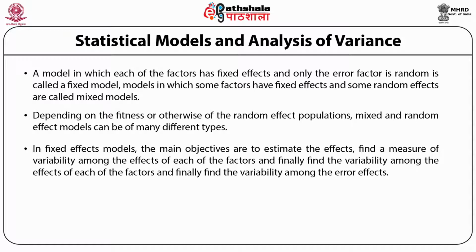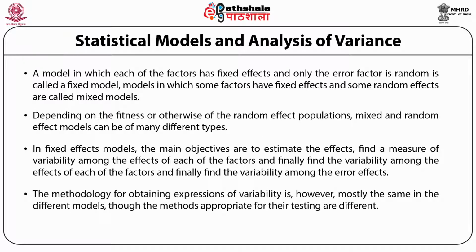In random effects models, the main emphasis is on estimating the variability among the effects of the different factors. The methodology for obtaining expressions of variability is, however, mostly the same in the different models, though the methods appropriate for testing are different.